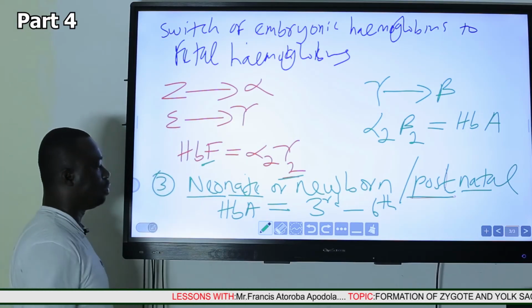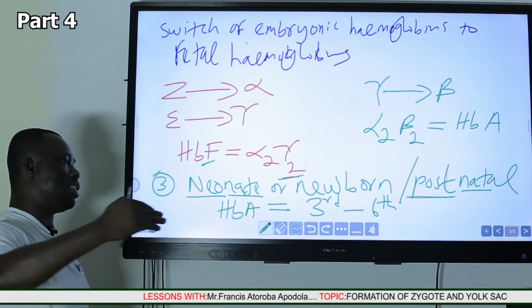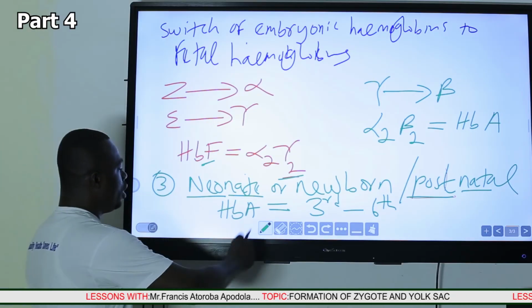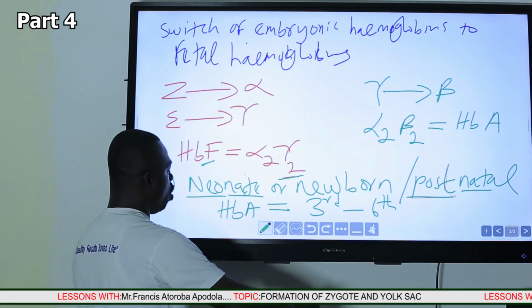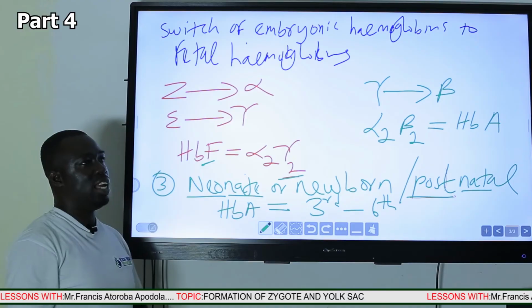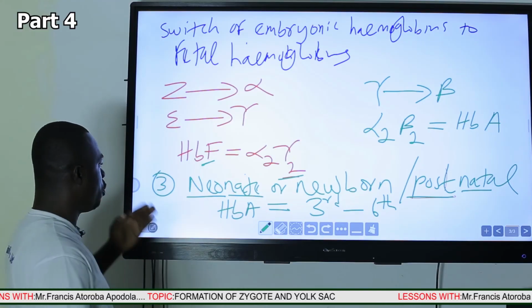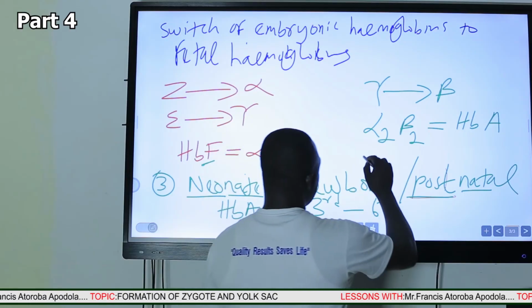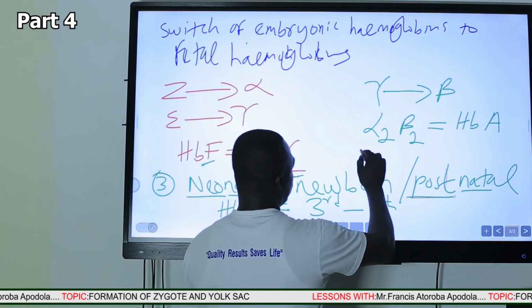So from the 3rd to the 6th month of the postnatal life of the newborn, we begin to have more of the hemoglobin what? A, and a lesser amount of hemoglobin what? F, and hemoglobin A2.